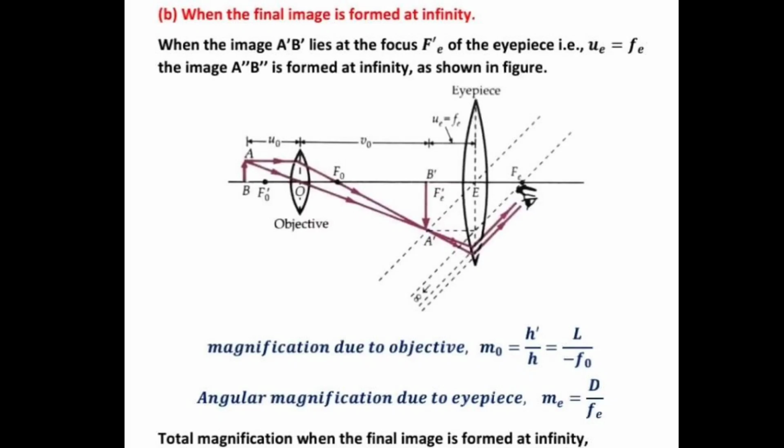And then the total magnification, by using the formula m = m_o × m_e, just put the values, we get the final expression: minus LD divided by f_o f_e. So obviously it is clear that the magnifying power of a compound microscope is large when both f_o and f_e are small, because they vary inversely with each other.